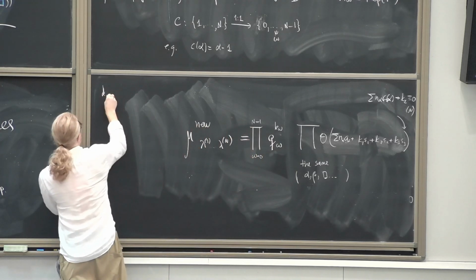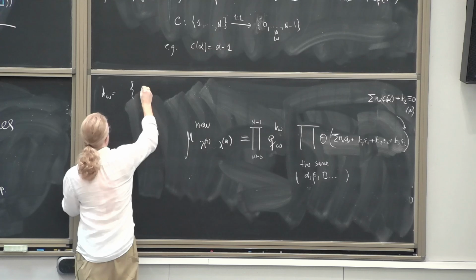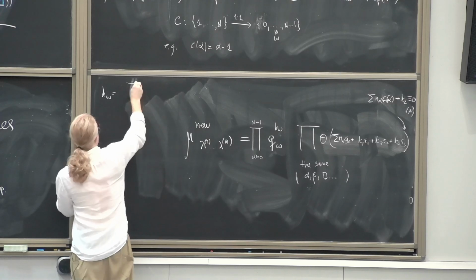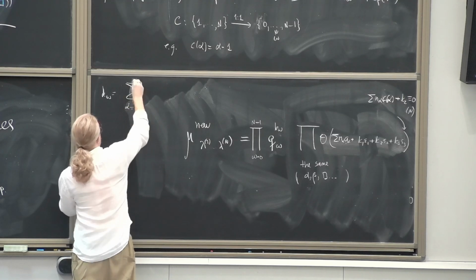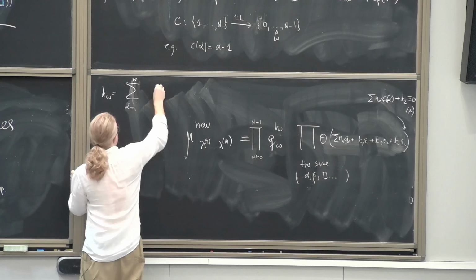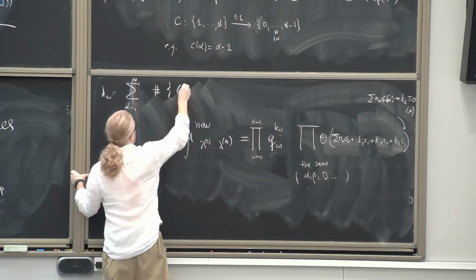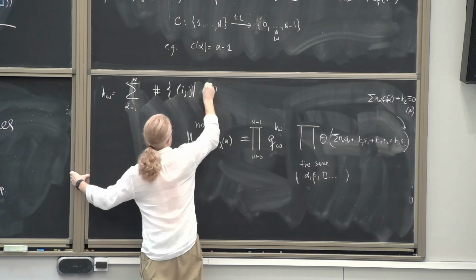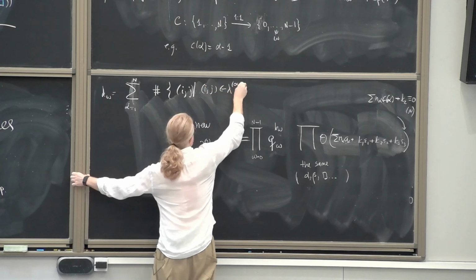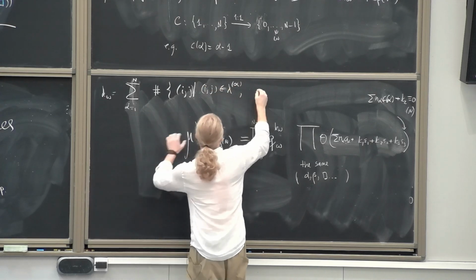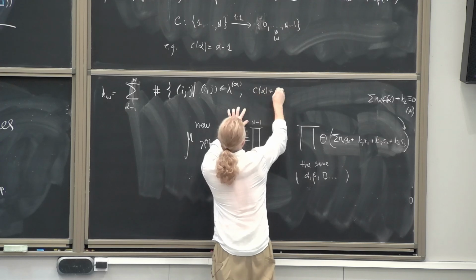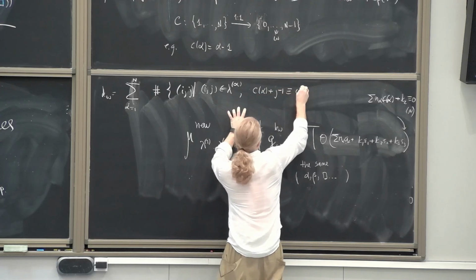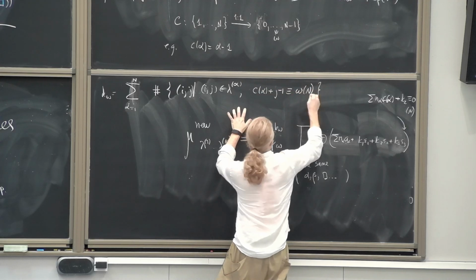So k omega is the number, it's a sum over alpha from 1 to n. It's the number of boxes in the Young diagram lambda alpha such that c alpha plus j minus 1 is equal to omega modulo n.